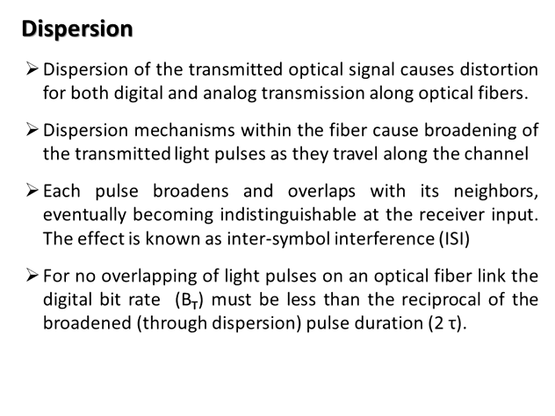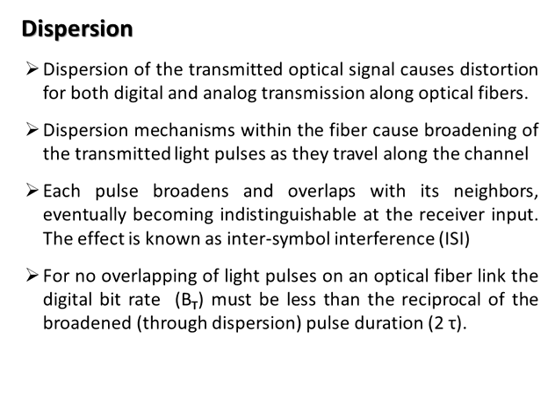Pulse dispersion is inversely proportional to the bandwidth, or the bandwidth is inversely proportional to the pulse width of the dispersed pulse. Now for a digital link, bandwidth is related to the bit rate of the system. So this bit rate is also related to the broadened pulse duration.